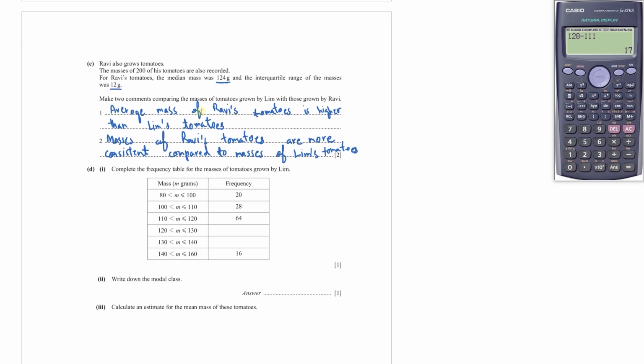So these are the two statements that you can make, one regarding the median, the other regarding the interquartile range.